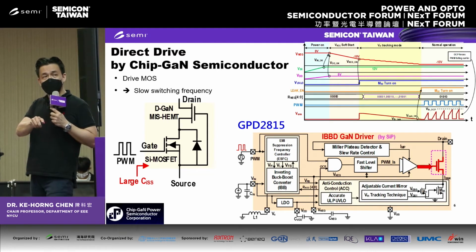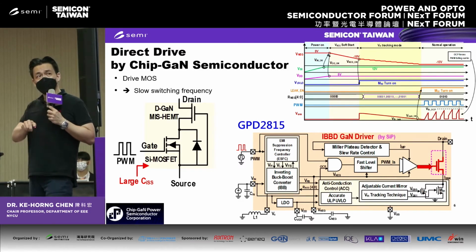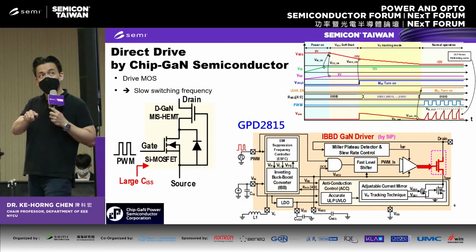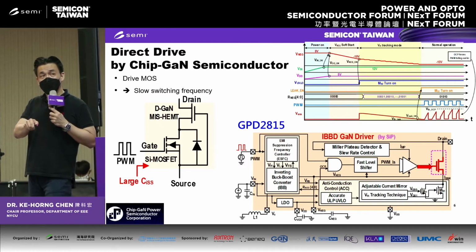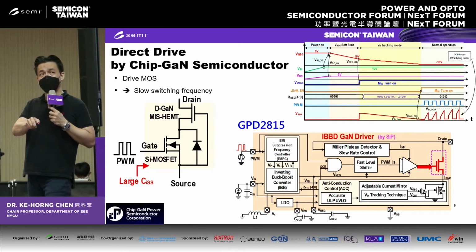The current sensing can detect the current flowing through the MOSFET. In other words, it controls the leakage of the GaN to decide the suitable turn-off voltage. If we use different GaN devices, we can adaptively change the control voltage.